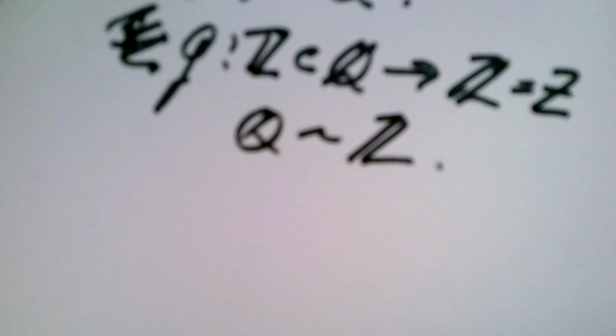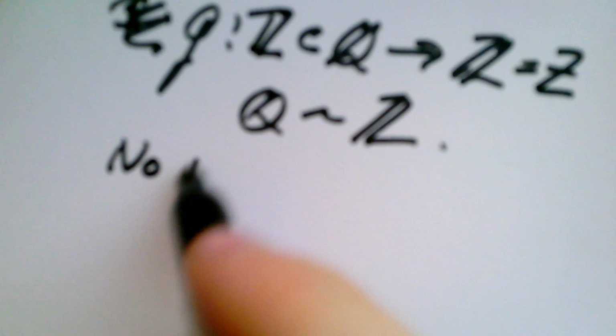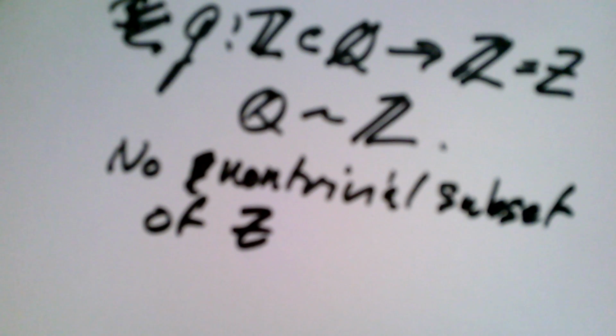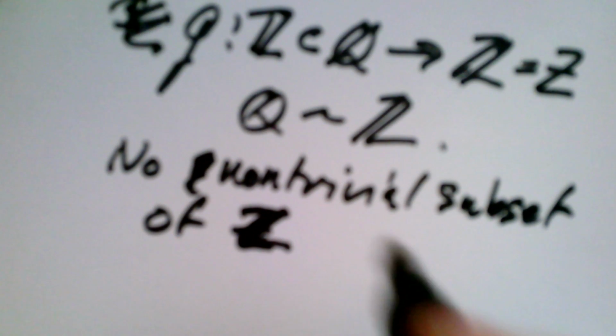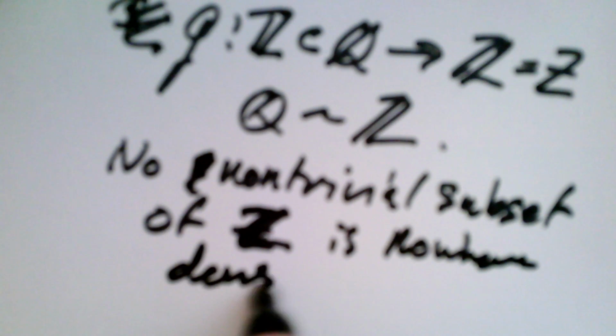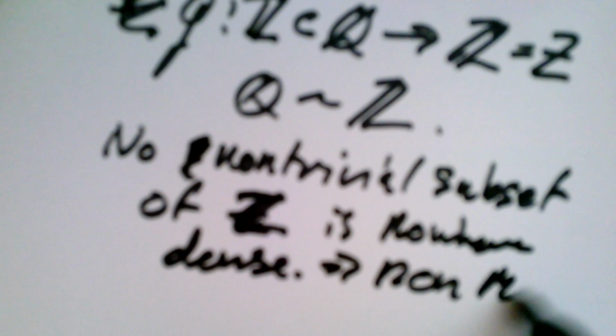Okay, so that's fine and dandy, but we proved that no non-trivial subset of Z, non-trivial meaning it has at least a point in it, where Z is the integers, no non-trivial subset of the integers is nowhere dense, which implies it's non-meager.